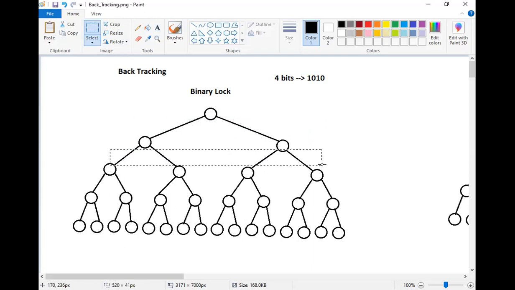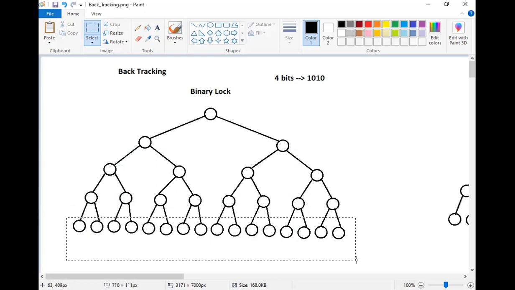Then this one is the second level. Then here it comes to the third level, and the last one is the fourth level. At the fourth level, you can identify the nodes or vertices. Since it is a binary tree, these nodes are the leaf nodes because there are no further children.